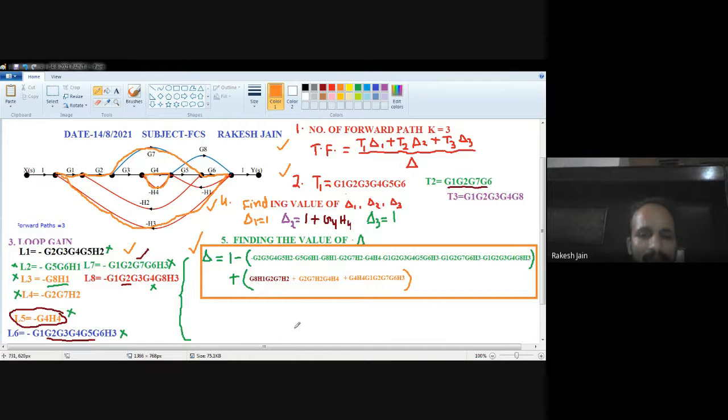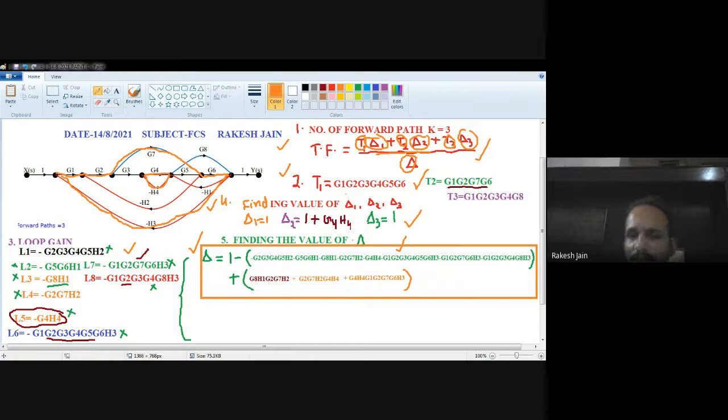Now for the answer you have to write down the value of T1 here, the value of T2 here, the value of T3 here. Then T1 will be multiplied by the del1, del2, del3, which we found in step number 4. Then the final answer will be divided by the step number 5 answer. That will be your final answer, by putting all those values of del1, del2, del3, T1, T2, T3, and del in this transfer function formula. You will find the final answer.